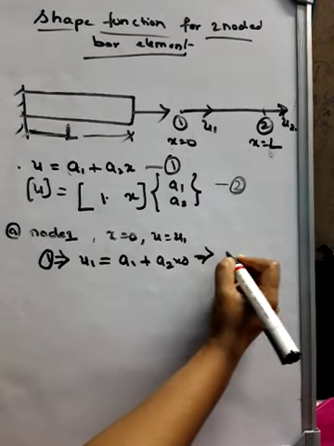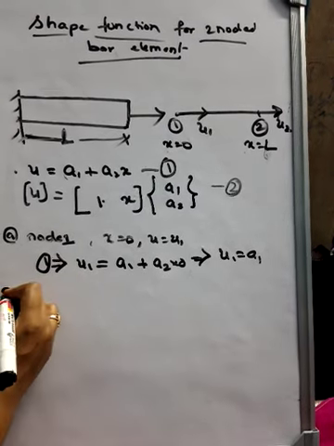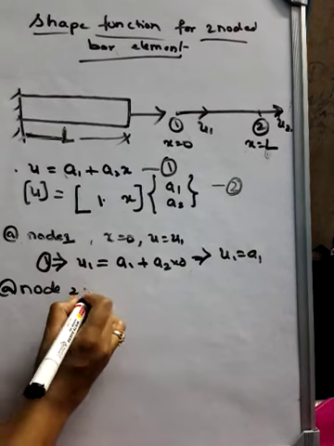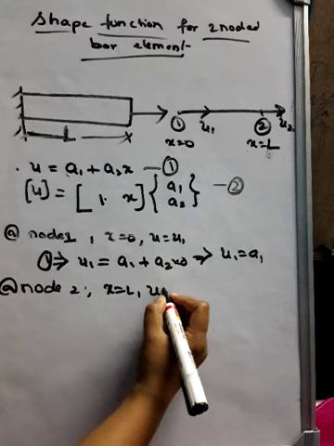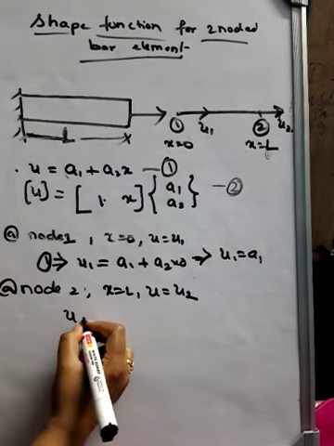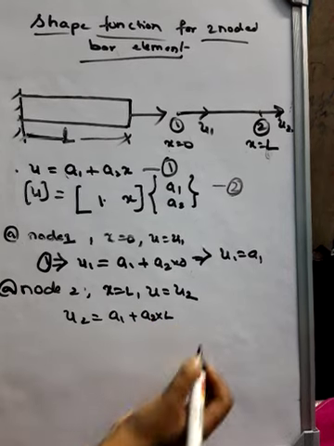So I will get u1 is equal to a1. Then at node 2, x is equal to L and u is equal to u2. So u2 is equal to a1 plus a2 into L.